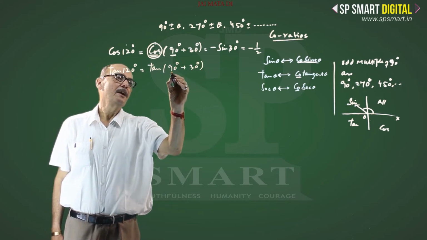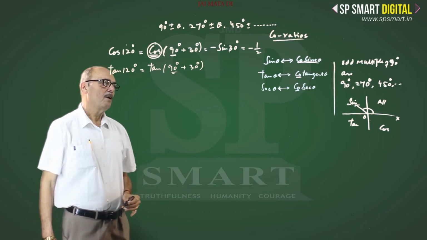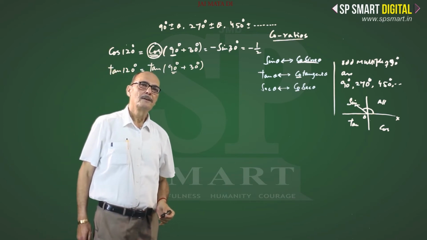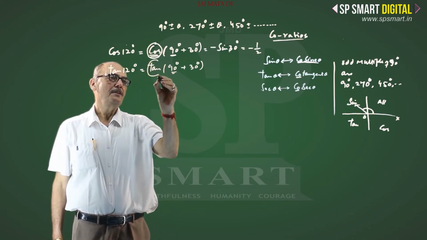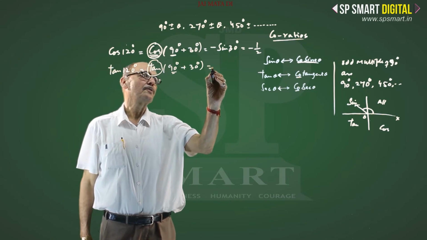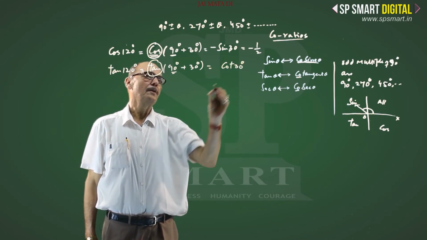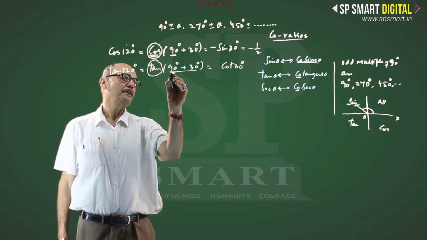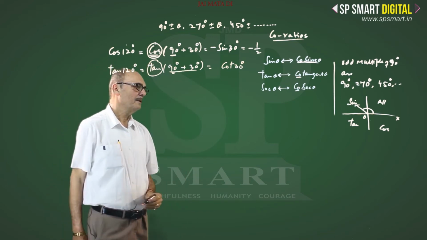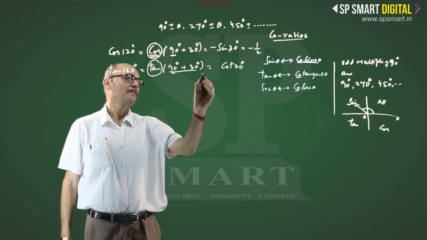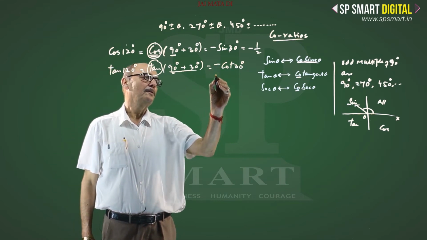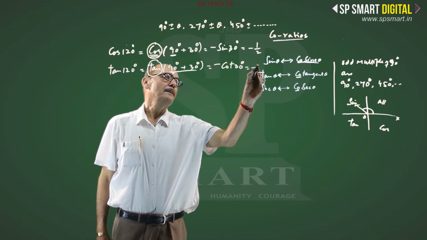Again, 90 degrees is an odd multiple of 90 degrees, so this tan changes into its co-ratio, cot of 30 degrees. Now 90 degrees plus 30 degrees lies in the second quadrant, where it is negative. So this is minus root 3.